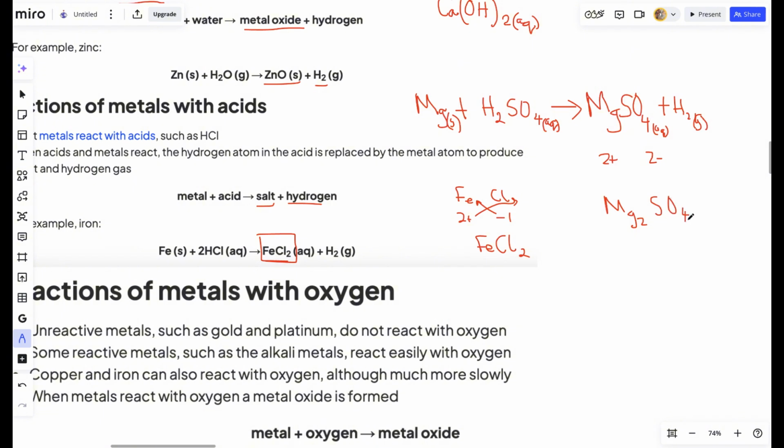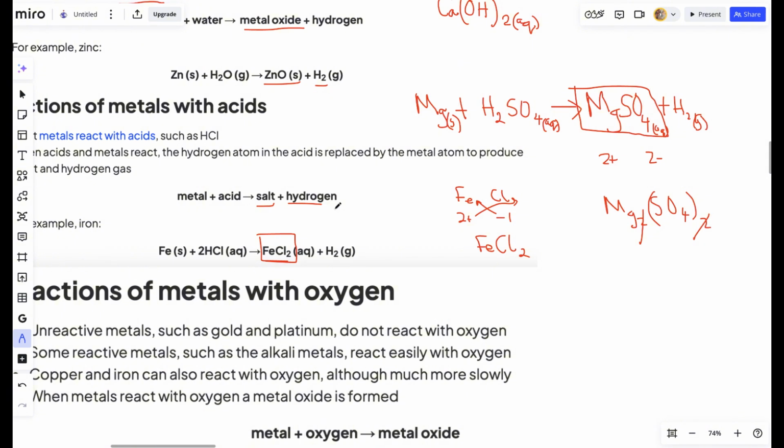You put SO4 in brackets because sulfate has a 2- charge. So when you cross multiply, this is what you get. These 2 cancel, that's why it remains like this. That's the salt formed when you react with sulfuric acid.